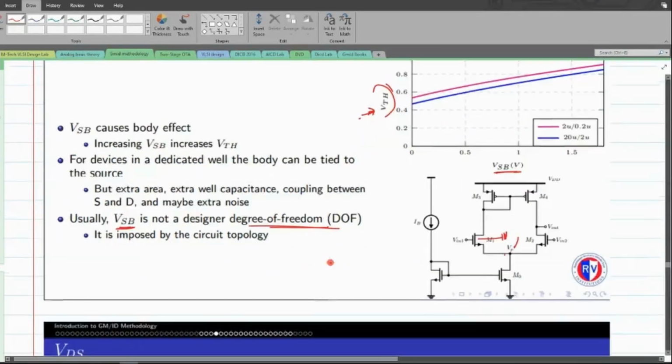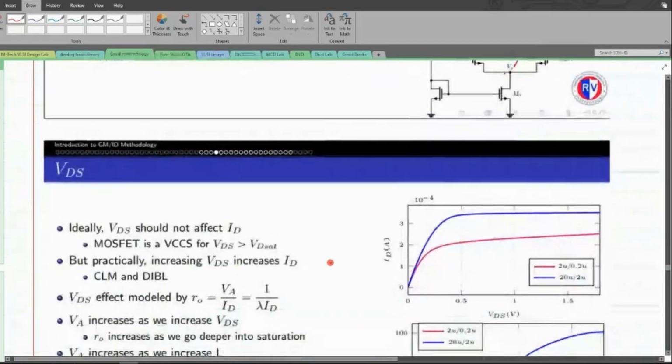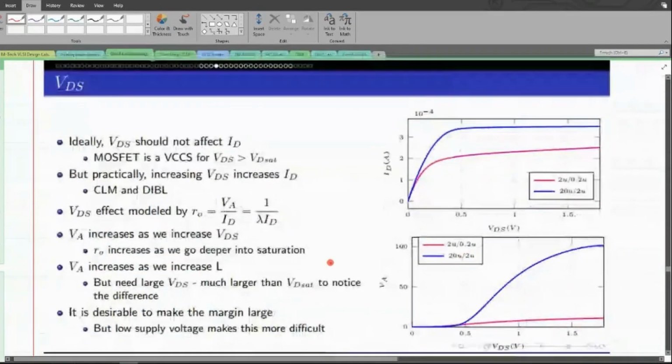Now let us look at the next variable, which is VDS. The VDS effect is generally modeled with a parameter known as ro, which is generally defined as the ratio of the Early voltage VA divided by the current that flows through the circuit.